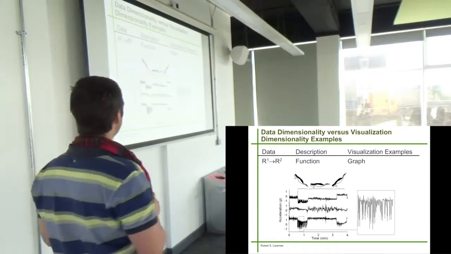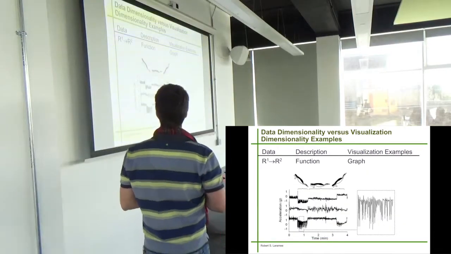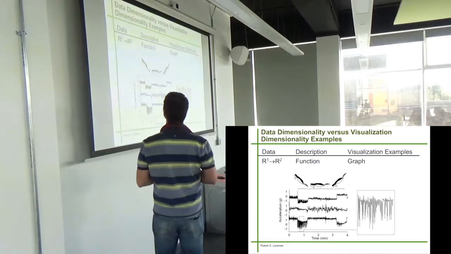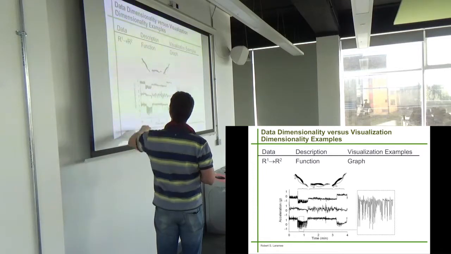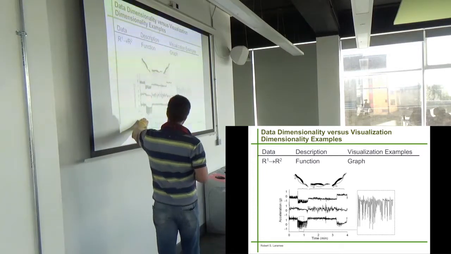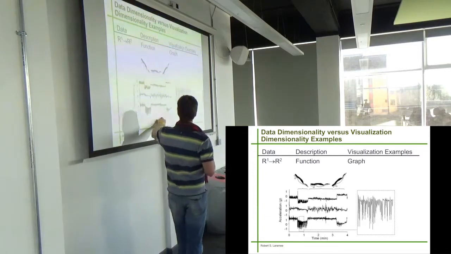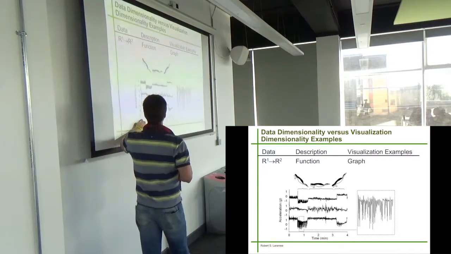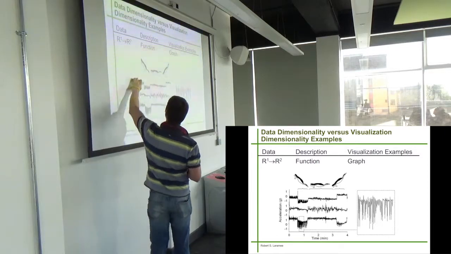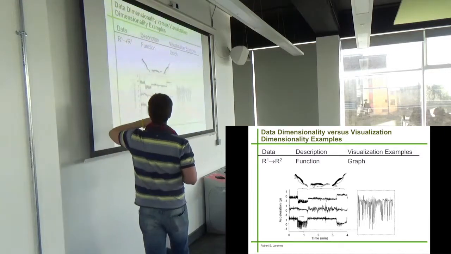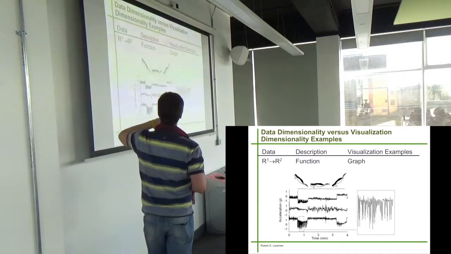Here's an example of data being mapped to an arbitrary set of real numbers being mapped to 2D space. So we have time on the x-axis. Time can be any number, right? And then we have amplitude on the y-axis. So amplitude can be any number.